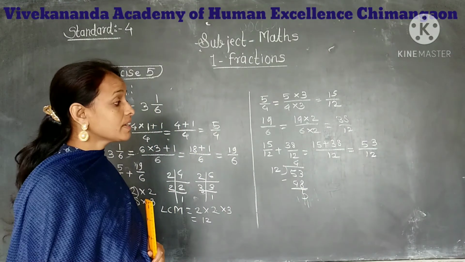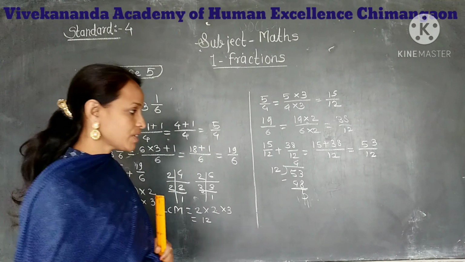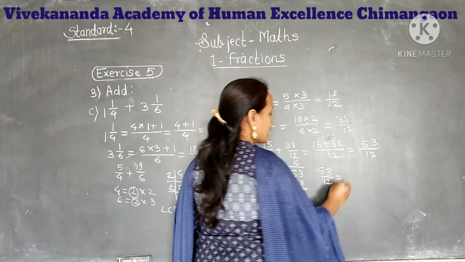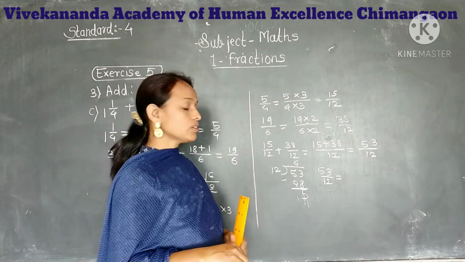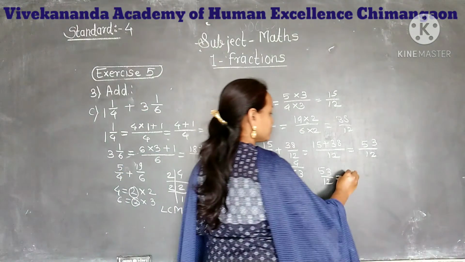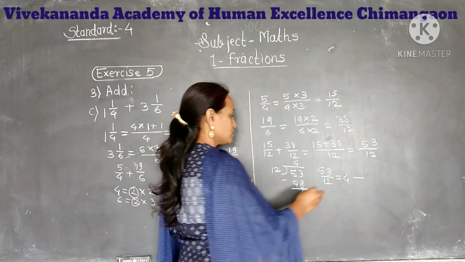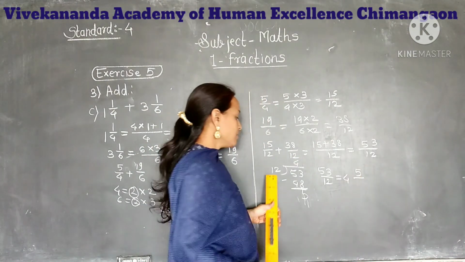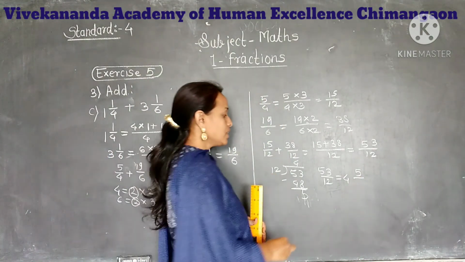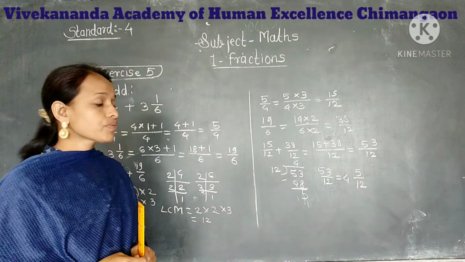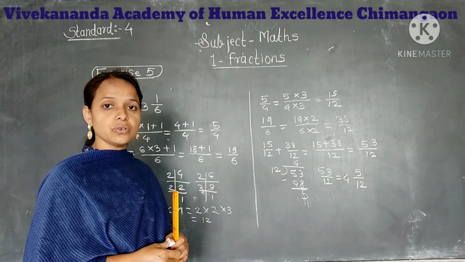Now we write this improper fraction as a mixed fraction. So we write here 53 upon 12 as quotient 4, write as a whole number. Remainder 5, write as a numerator. And divisor 12, write as a denominator. In this way, here we reduce it into lowest term.